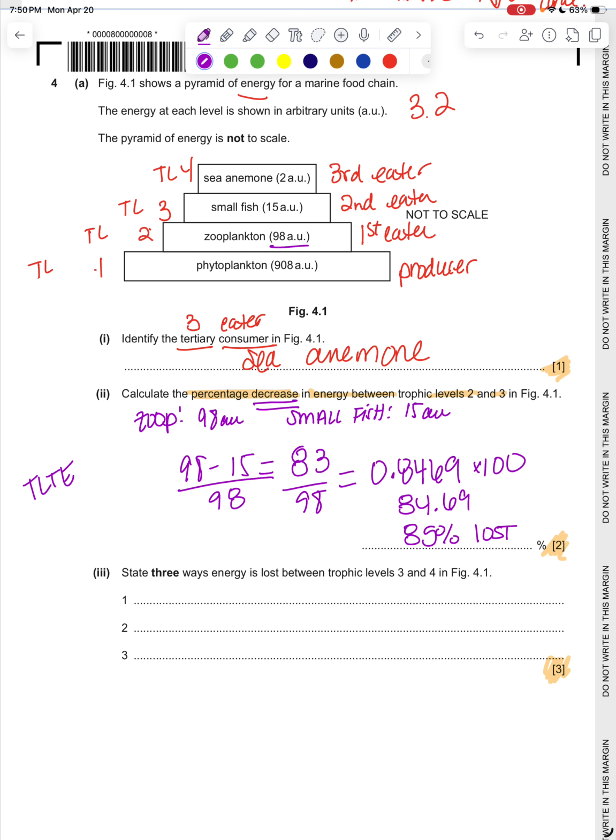You don't have to say lost. However, if it said the percent change, then we would, because a number could change by going up or going down. This question is implying that there is a decrease.